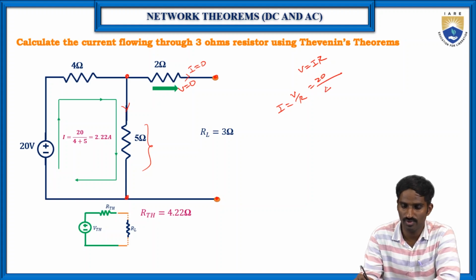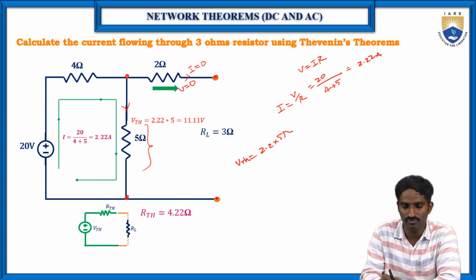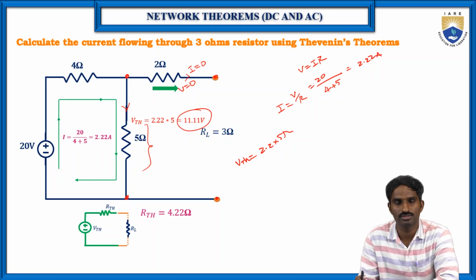So I is equal to 20 by 9, which is 2.22 amperes. Then V Thevenin is equal to I into R, 2.22 into 5 ohms, which is equal to 11.11 volts.